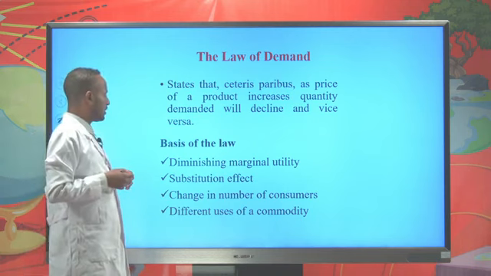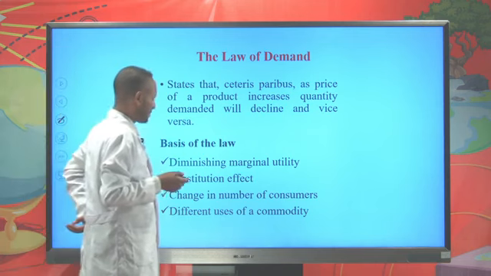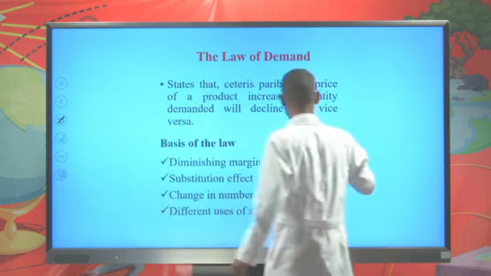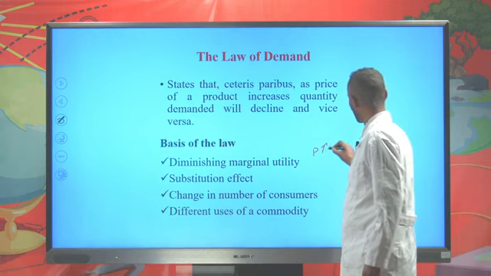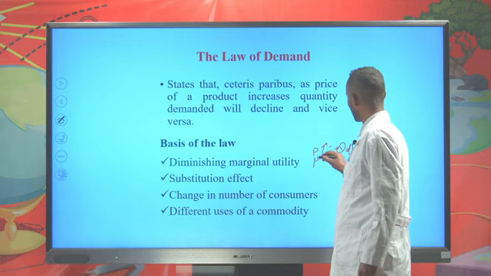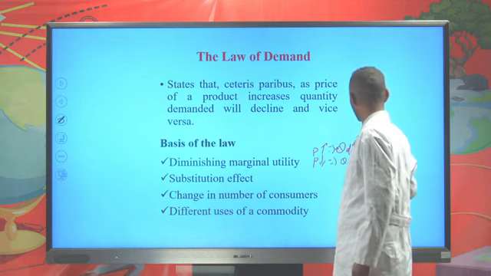These are the bases of the law of demand. These factors create an inverse relationship between price and quantity demanded. That means as the price of a commodity increases, quantity demanded for the commodity will decline, and as the price of a commodity declines, quantity demanded for the commodity will increase.